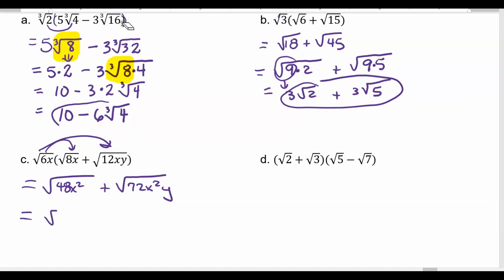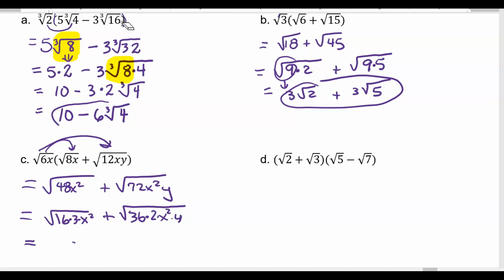And then the square root of 48 can be broken down into 16 times 3. And x squared is also a perfect square, so we'll come back for that. 72 has a perfect square factor of 36. And again, x squared is a perfect square.